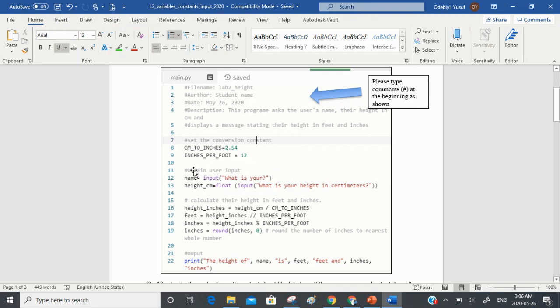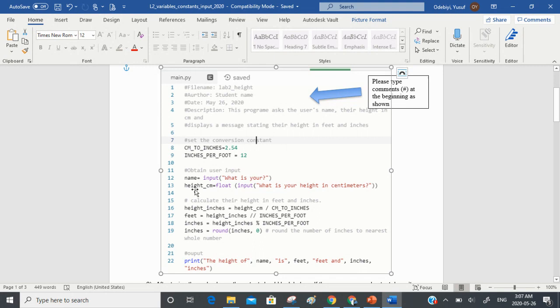Okay. Then here, another comment. We're saying we're going to get information from the user. We're going to ask them, first of all, you're going to type in name, and then the input is going to be the question that's going to be the prompt for the person to answer. What is your height? It should actually say, what is your height? Misspelled there.